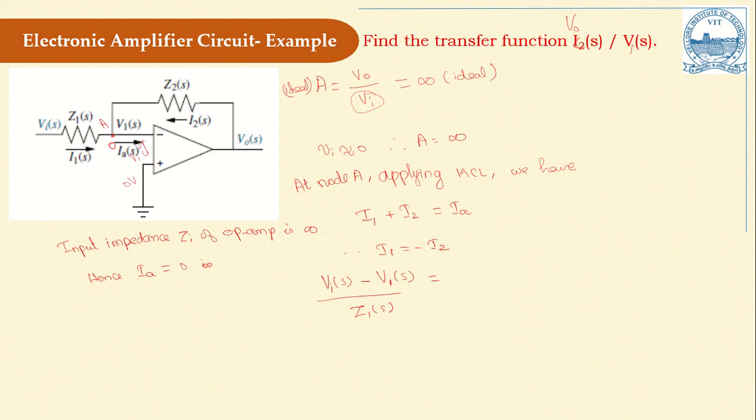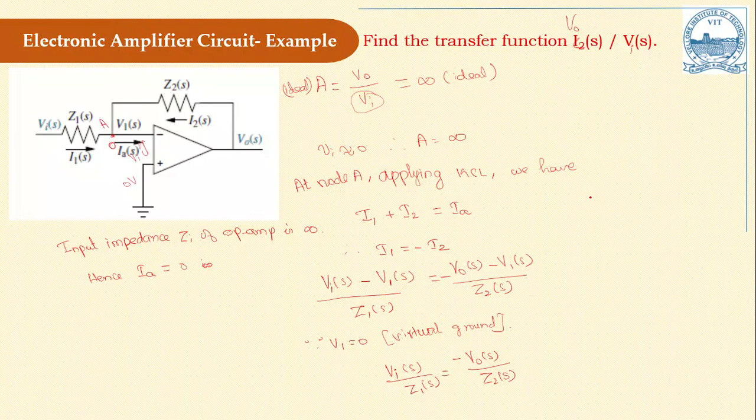And similarly, I2 is flowing from V0 to V1, V0 of S minus V1 of S divided by Z2 of S. Now since V1 is equal to 0, that is the concept of virtual ground, we have Vi of S divided by Z1 is equal to, here I should accompany the minus sign, minus V0 of S by Z2 of S.